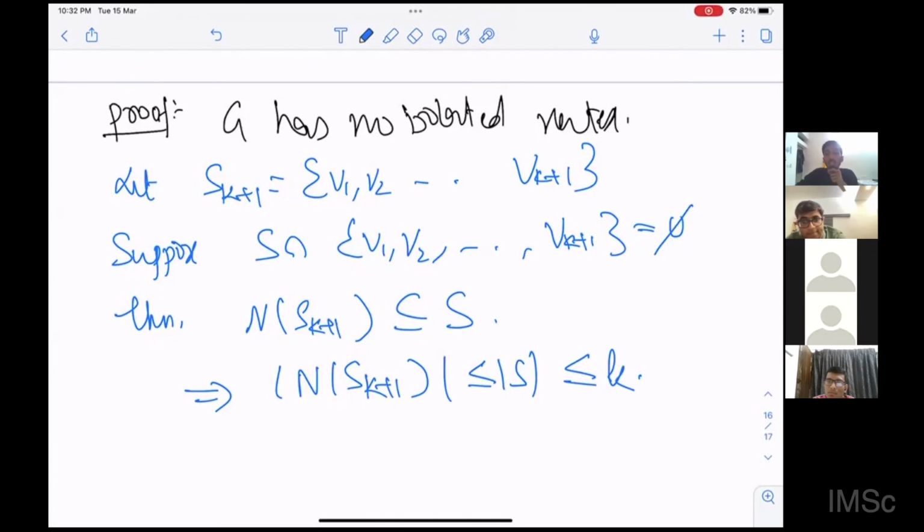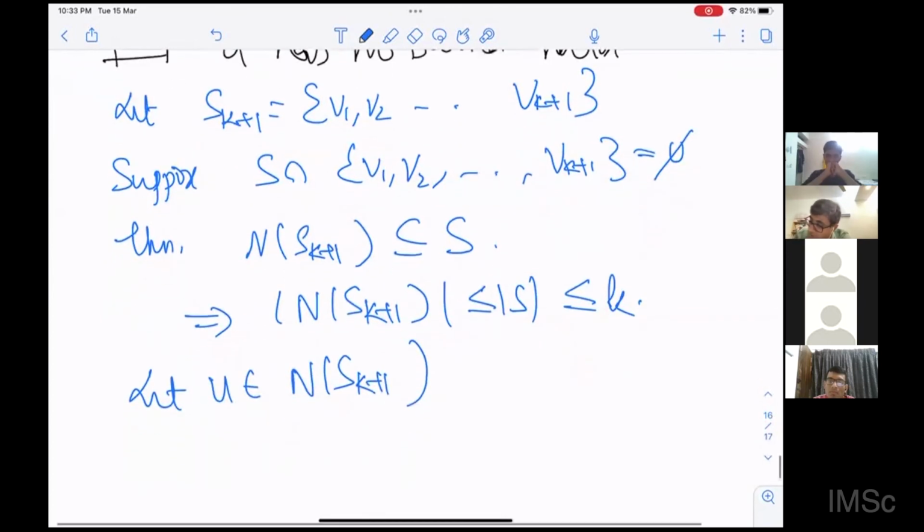Choose any vertex, say u, from the neighborhood of S_{k+1}. Okay, so let u be in this. Then the degree of u is less than or equal to the degree of v_{k+1}.